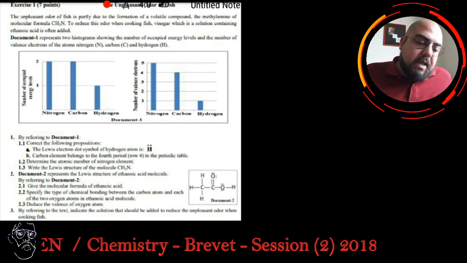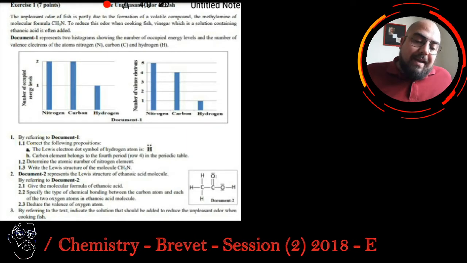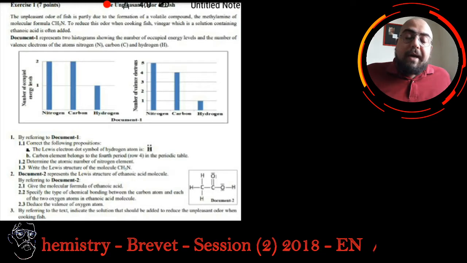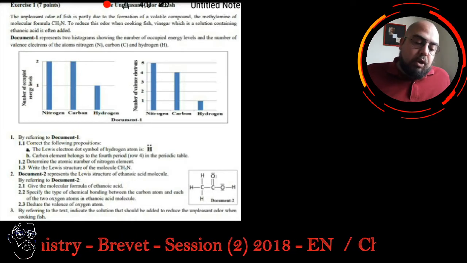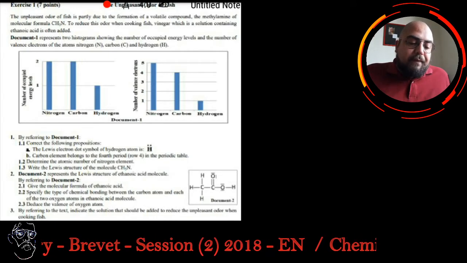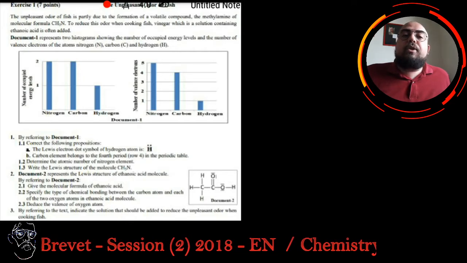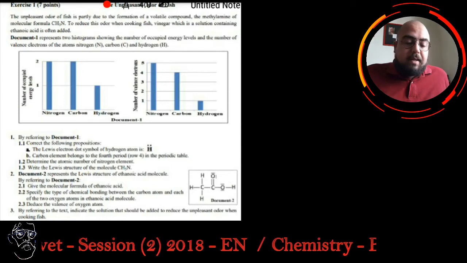Document 1 represents two histograms showing the number of occupied energy levels and the number of valence electrons of the atoms nitrogen N, carbon C and hydrogen H. So by referring to document 1, we can find out that nitrogen is occupying two levels, K and L. Carbon, the same thing, K and L, two levels.